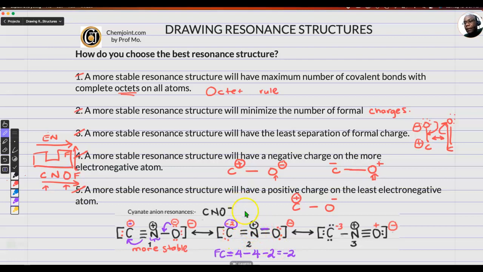Nitrogen will change. The valency of nitrogen is 5. There's no lone pair on it, and there are 4 bonds around it, so it's +1. Then oxygen will stay 0. Now if you add -2 and +1, you get overall -1. So the overall charge stays the same.